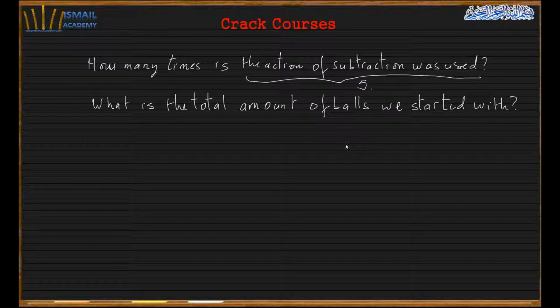So we have 3 boxes. Each box is 5 balls, so it's going to be 5 times the number of boxes, 3, plus the remaining balls, which is 2.